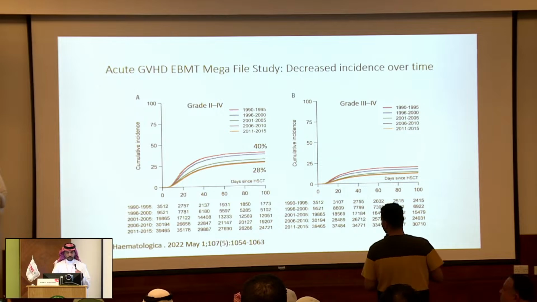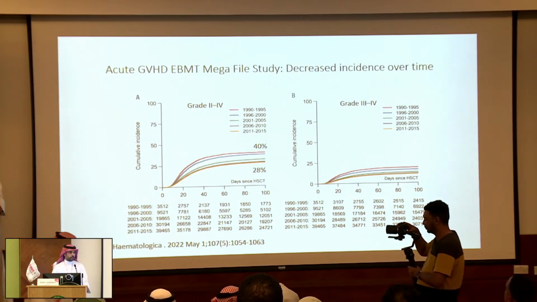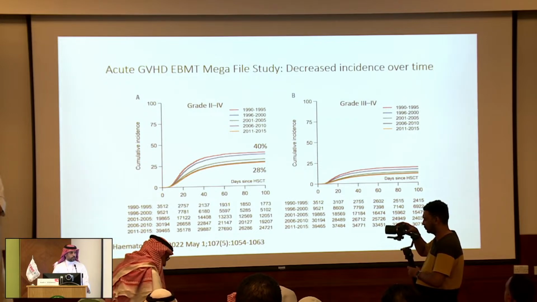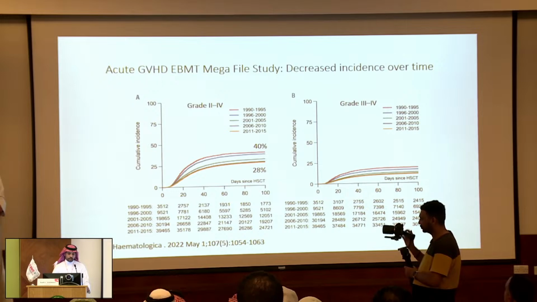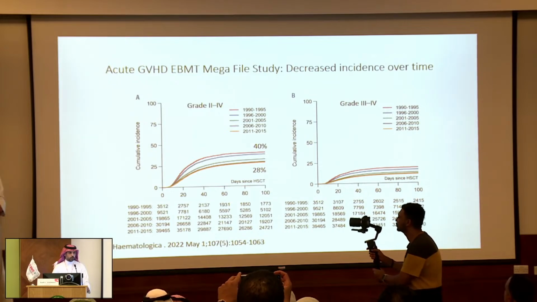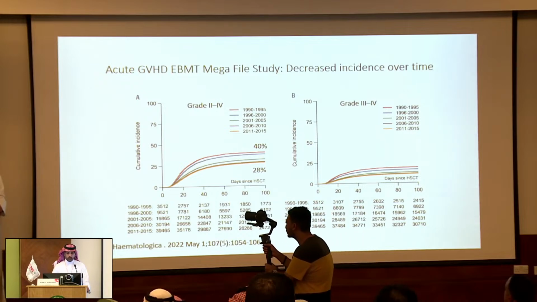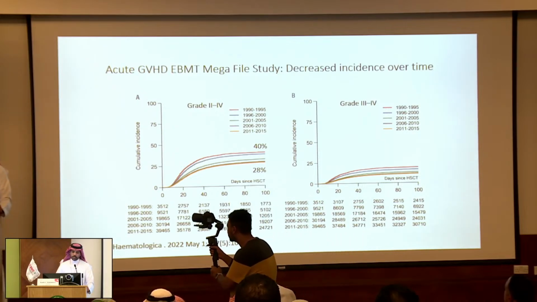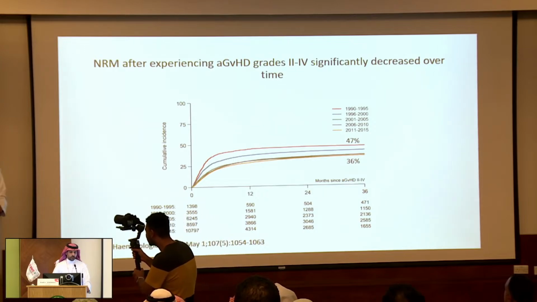Recent registry-based data from the ABMT megafile showed that there is actually a decrease in the incidence of graft versus host disease over the past decades, with the recent data showing that the incidence of grade 2 to 4 acute GVHD is around 28%, and this has also been associated with a reduction in non-relapse mortality.